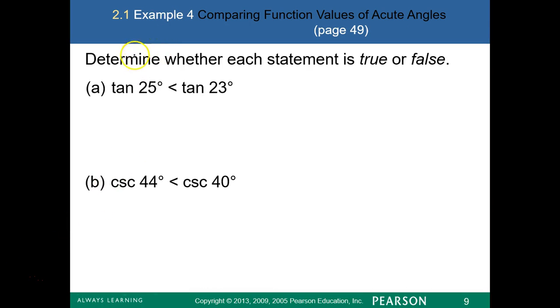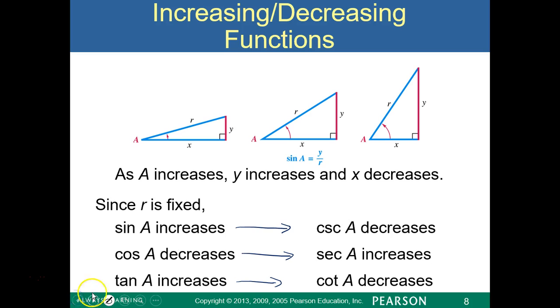Okay, so looking at this example here, we're asked to determine whether each statement is true or false. So from the previous slide, on the interval, all of our acute angles is what we're looking at right here. So the interval from 0 to 90 degrees. As the angle increases on this interval, the tangent of our angle increases, just like we looked at in the previous slide.